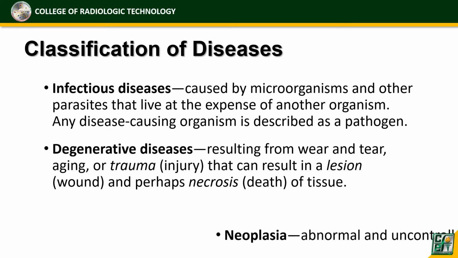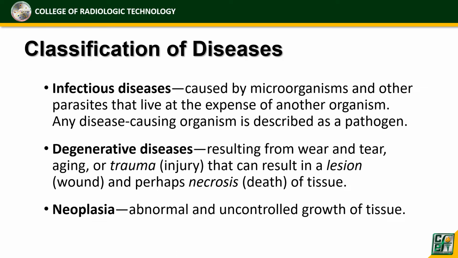And the other one is neoplasia. Neoplasia is the abnormal and uncontrolled growth of tissue. Basically, when we say neoplasia, it's neo meaning new and plasia meaning growth. So, new growth.